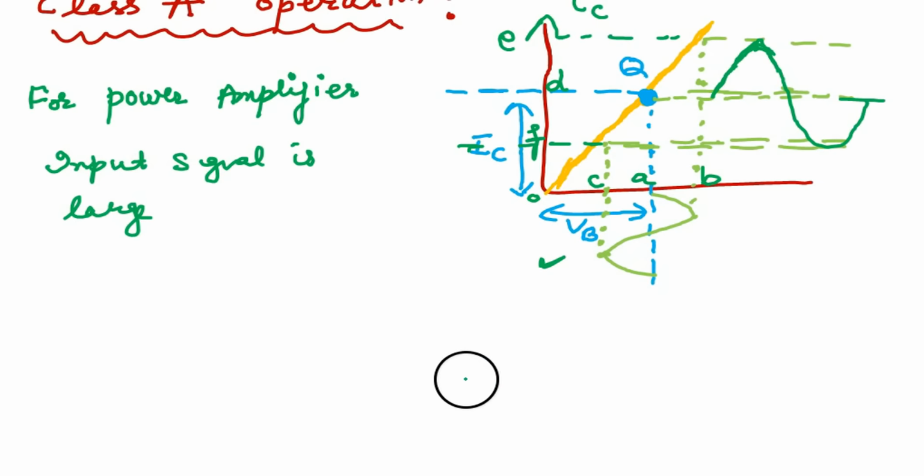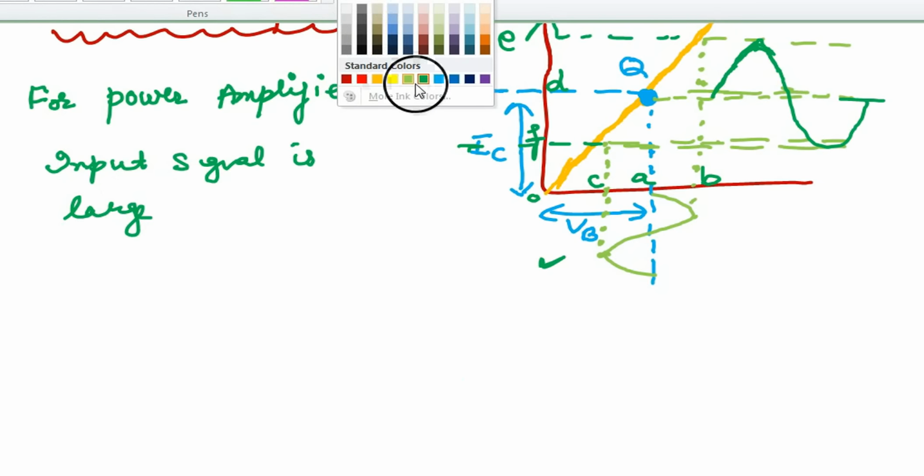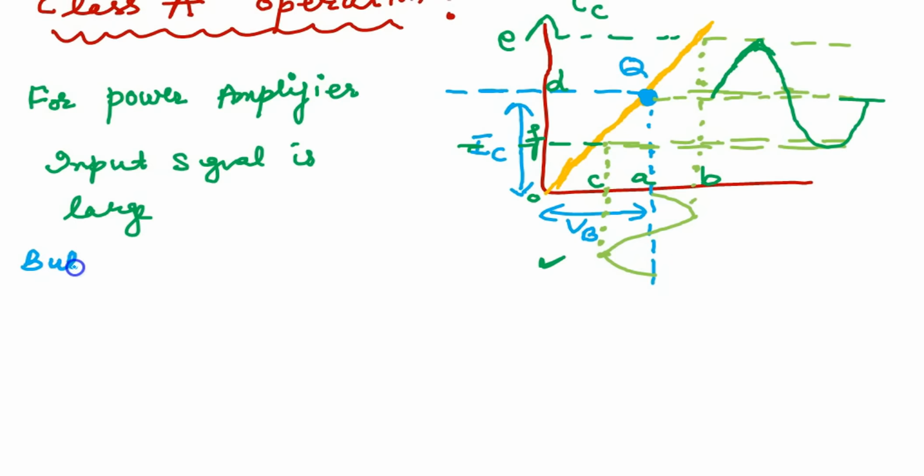For the power amplifier, we know that the input signal is large, but there is a problem.